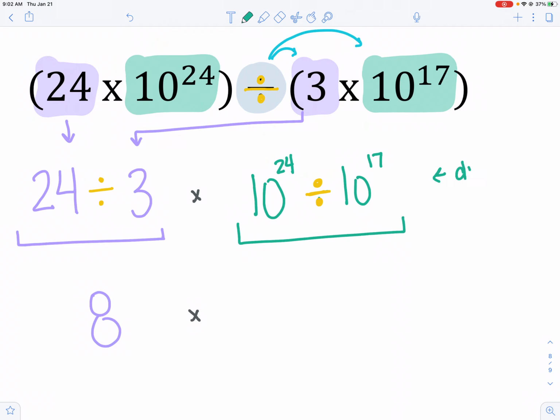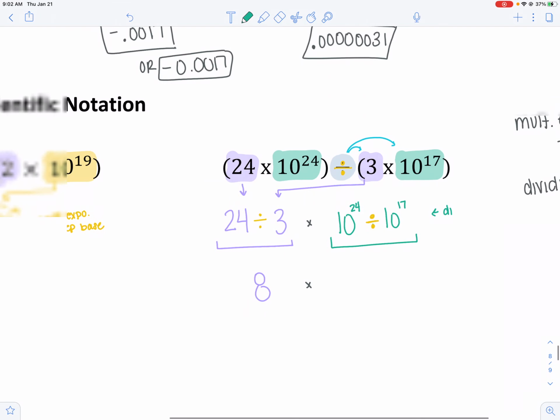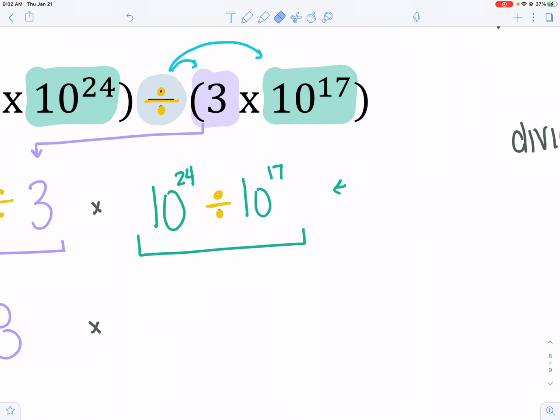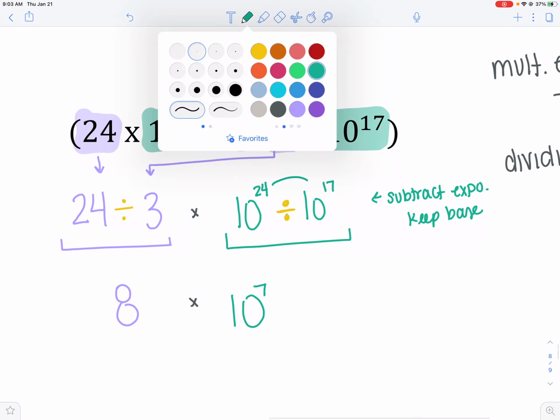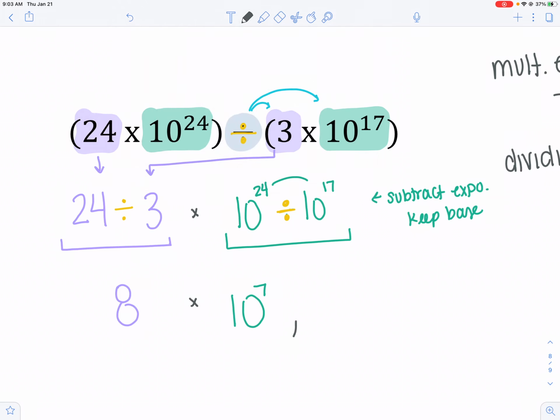Because they are being divided, I'm going to subtract the exponents and keep the base. This is called the quotient rule, if you're thinking back to your algebra days. So 24 minus 17 gives me 7. And so my final answer will be 8 times 10 to the 7th.